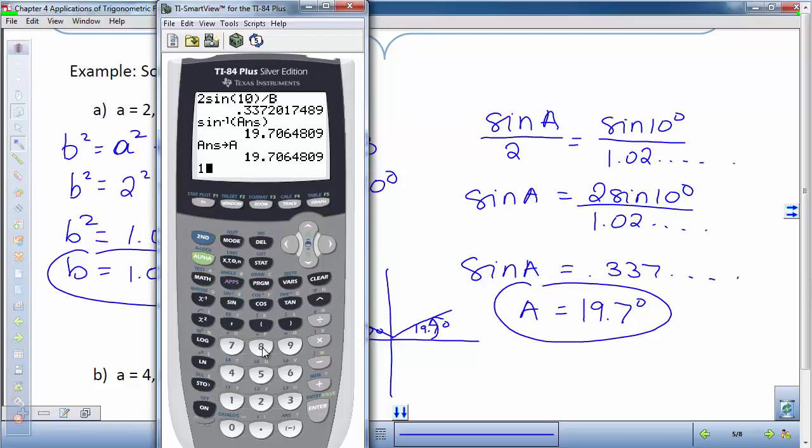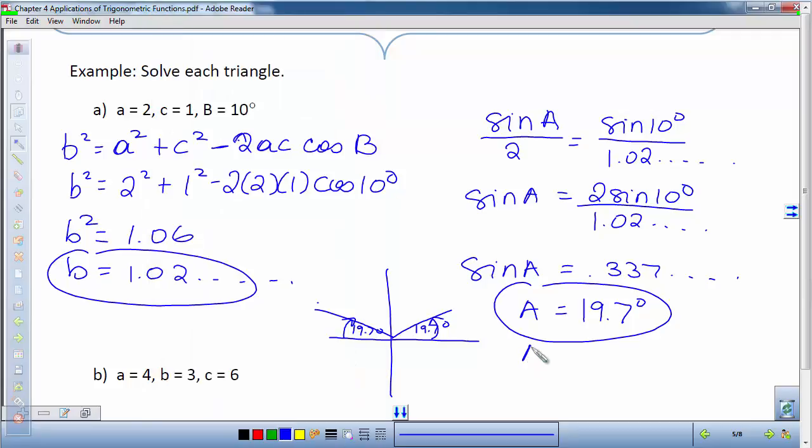So I'm going to do 180 minus alpha A. We get 160.29. So we could have an A prime of 160.3 degrees, dot dot dot. Is that feasible?